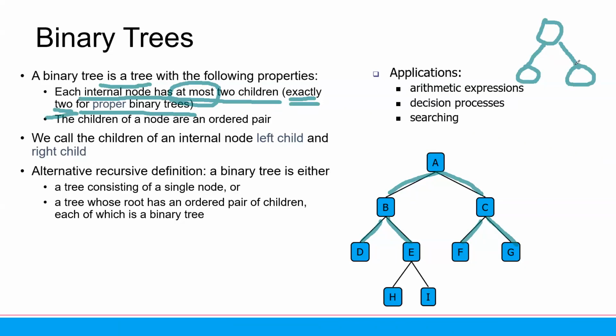Then it means the proper binary trees. And the children of a node are an ordered pair. Ordered pair means we have the order left first, right next. We call the children of an internal node left child and right child. So this is the left child, this is the right child.